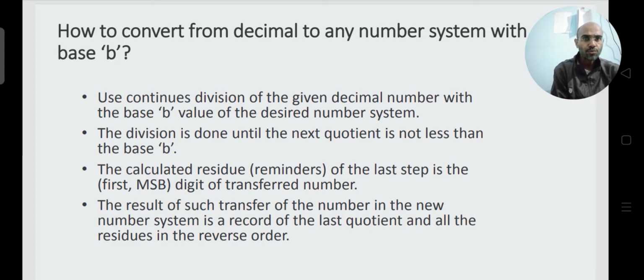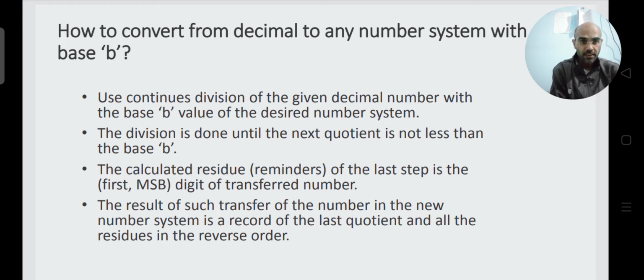This is what we have to do, and the division process should be continued till the quotient does not get less than the base value, and the remainders should be noted down in the reverse order.